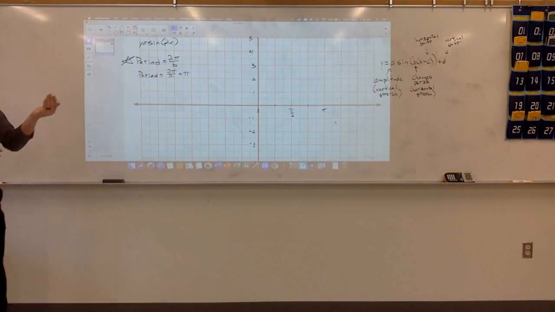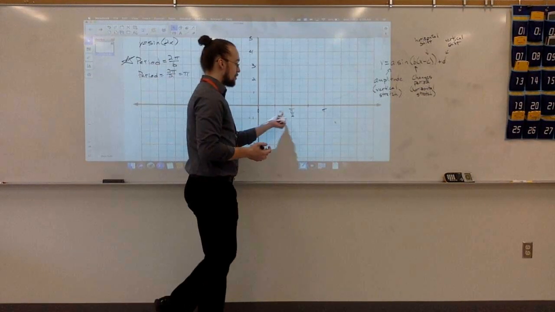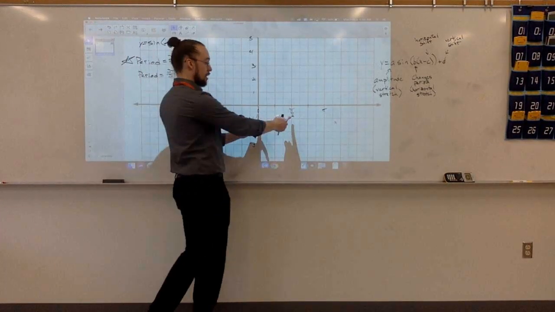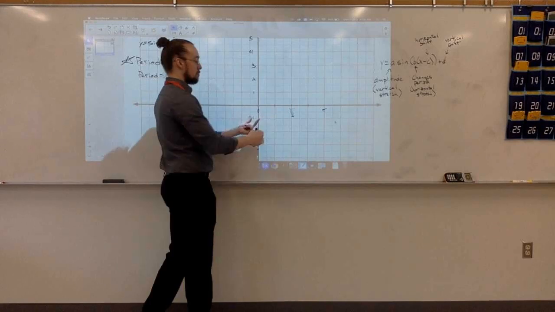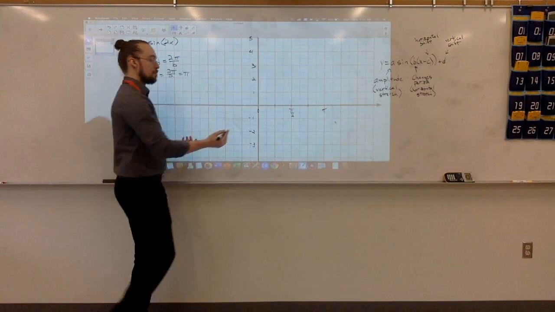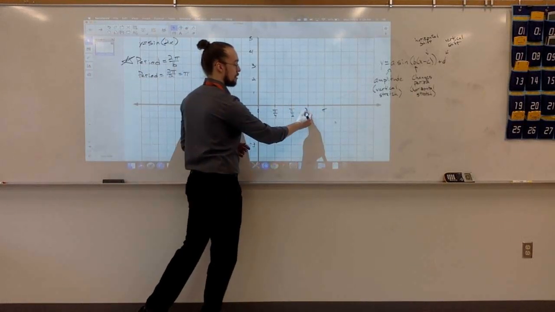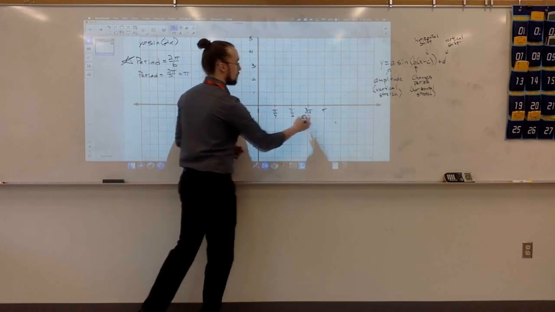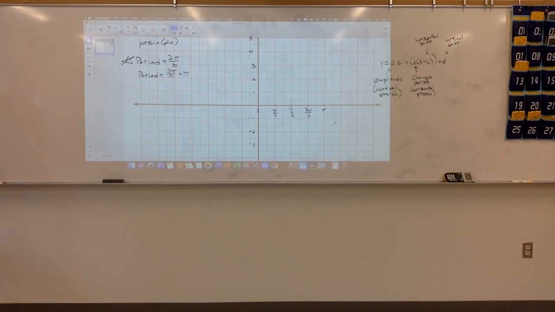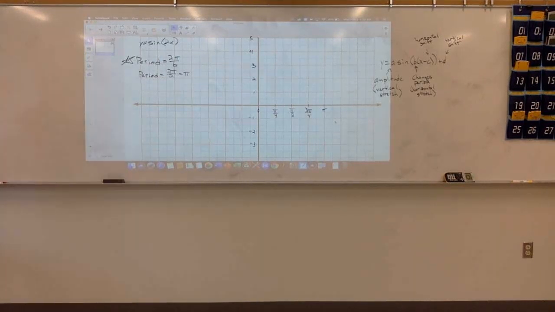But again, once we start shifting left or right, that'll be a nice way to find these values here. We can do that again to find this value. If I take the average of 0 and pi over 2, that's going to be pi over 4. Same thing here. This would be 3 pi over 4.